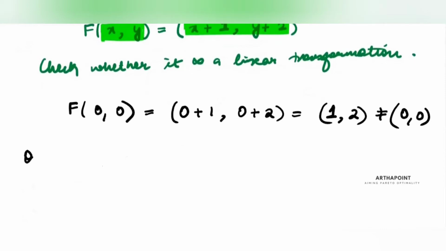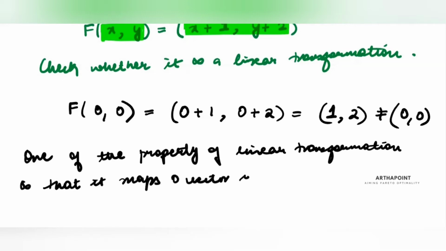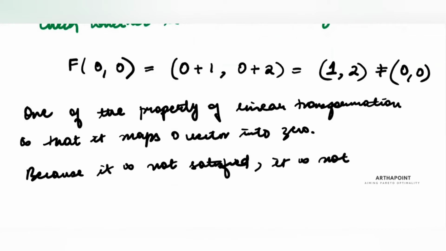So we can simply say, and this is one of the MCQs that can come, that one of the properties of linear transformation is that it maps the 0 vector into 0. Because this is not satisfied here, it is not a linear map.